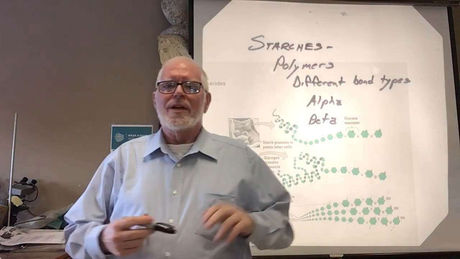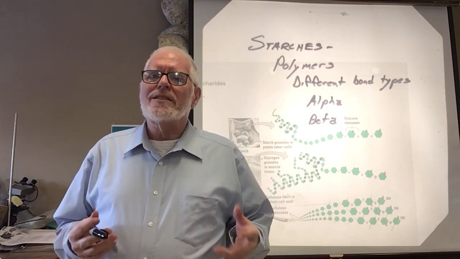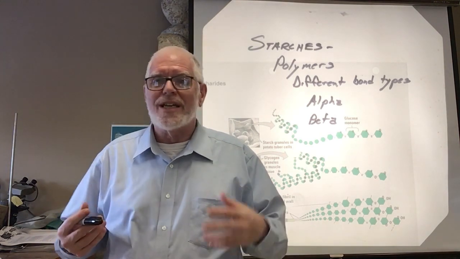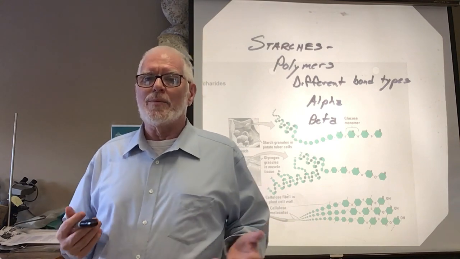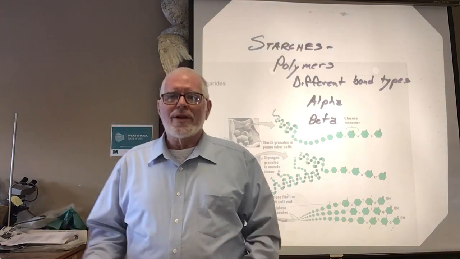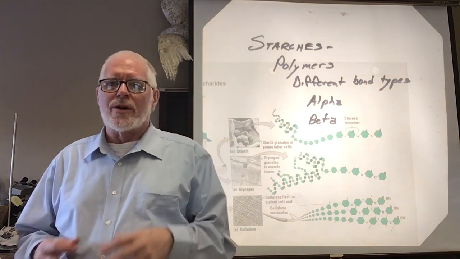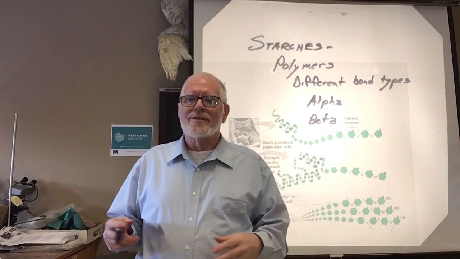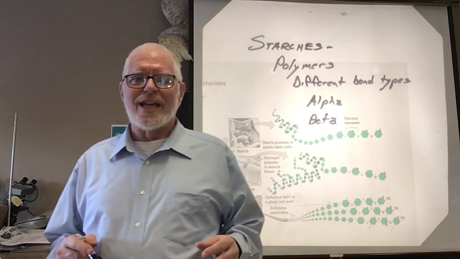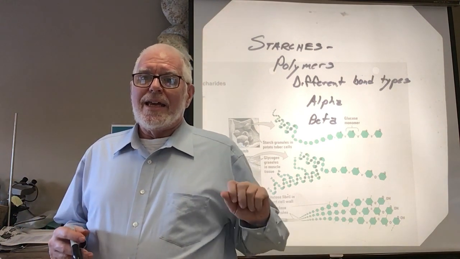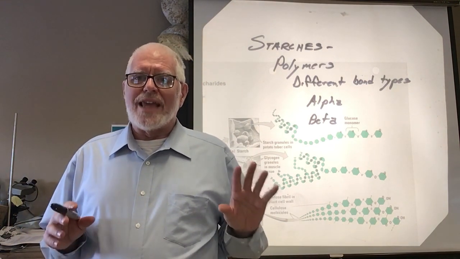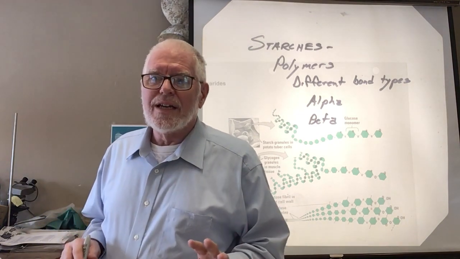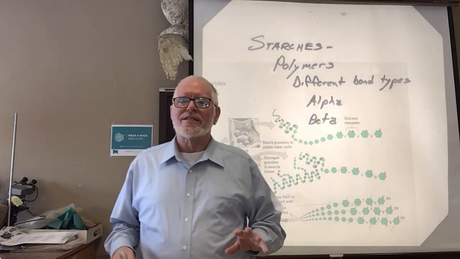Why? Well, the plants use alpha connections to store sugars that they're planning on using later. They want those connections to be breakable, because they're storing starches in their roots, or in various places where later they're going to use it for what plants use sugars for. We'll talk about that in a second. In beta connections, they want those starches to be very stable, to be long-serving starches. Beta connections are hard to break.